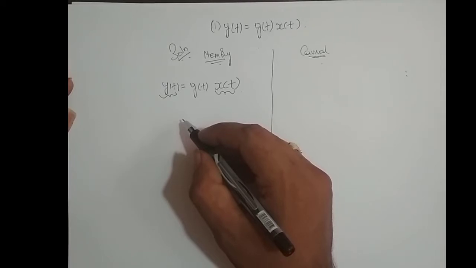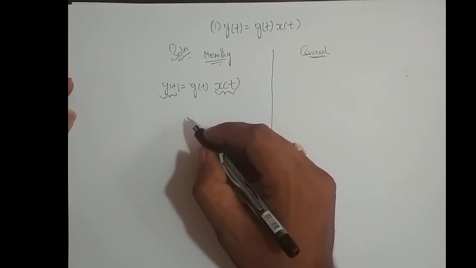When do we call that system has no memory? A system has no memory if its output y of t at every instant of time depends upon input x of t at the same value of t of the output.